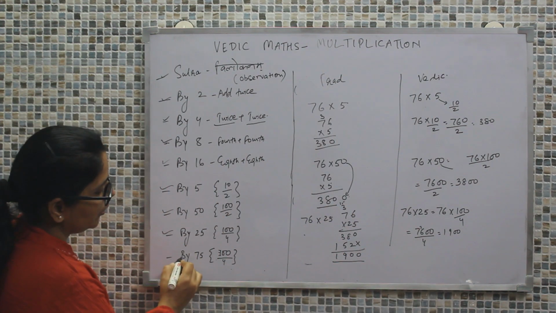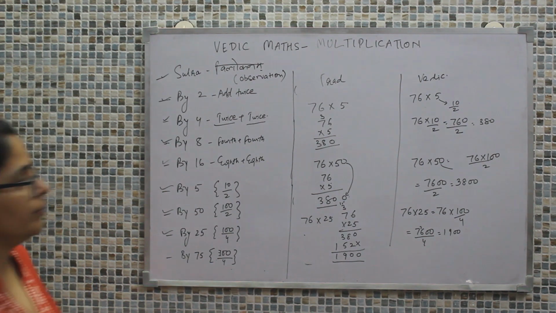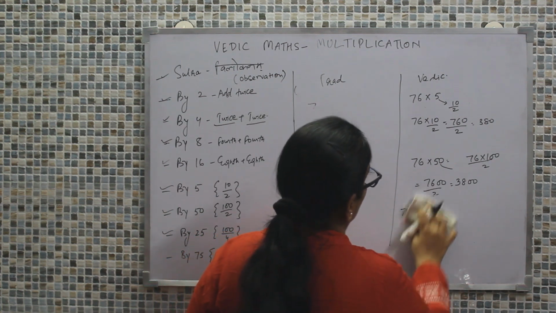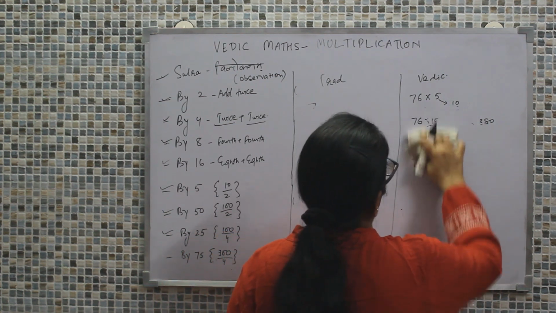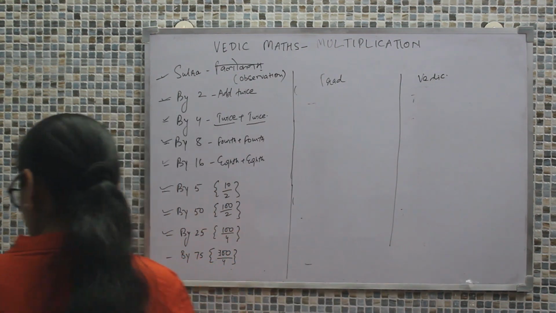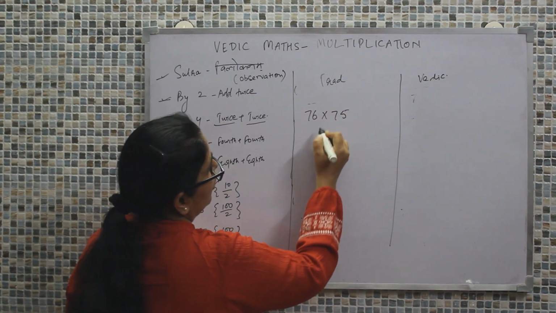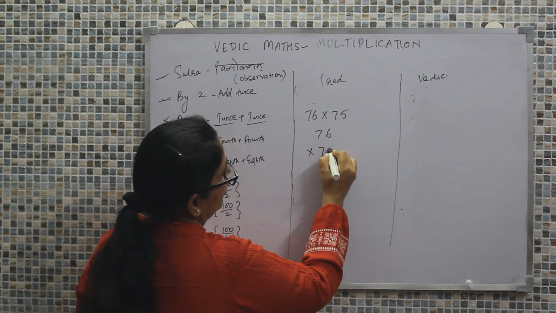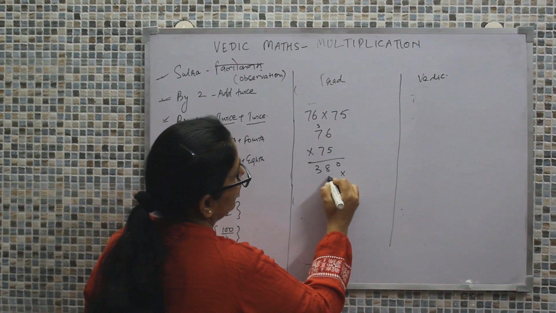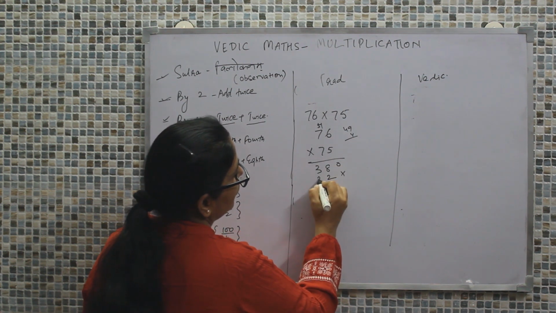Same way, when we talk about 76 into 75, with the traditional approach, 6 5s are 30, 38, 42, 53.